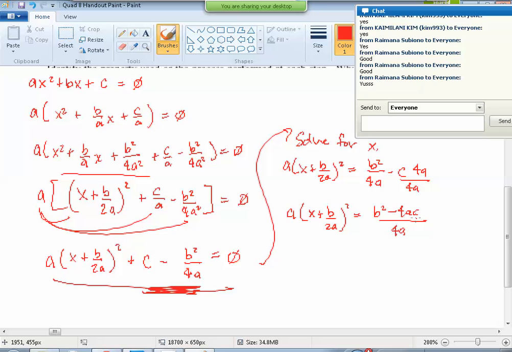Okay, wait. Let me finish this off. You guys ready? I need x all by itself. I need to divide out that a out in front. That's easy. So x plus b over 2a squared equals b squared minus 4ac all over 4a squared.